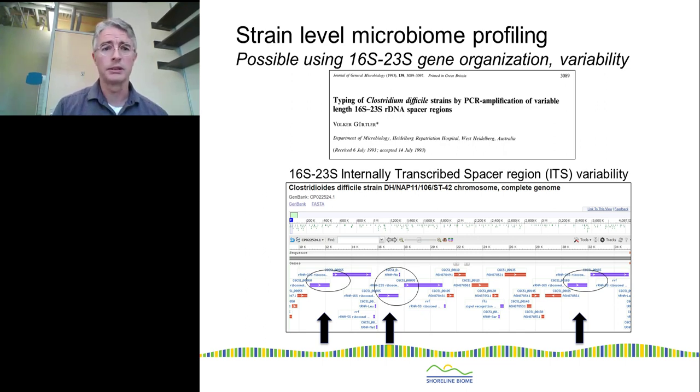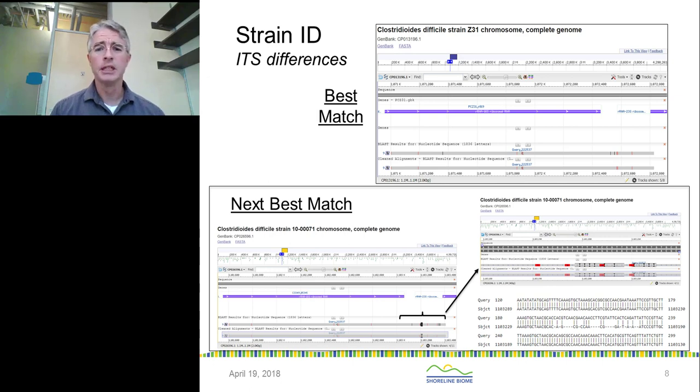And so in the next slide, I want to show what that actually looks like. So in the box to the right of best match, there is a read that is mapped to the Z31 chromosome, and you can see it matches pretty well. So the long purple bar is the 16S gene, and then there's a little space, and then there's the start of another purple bar, which is the 23S gene.